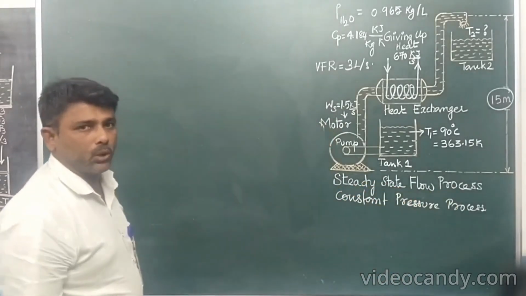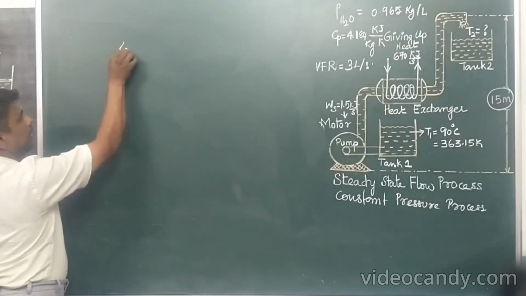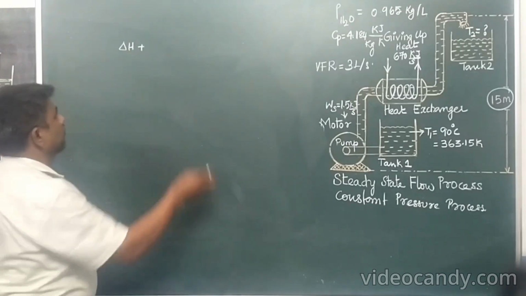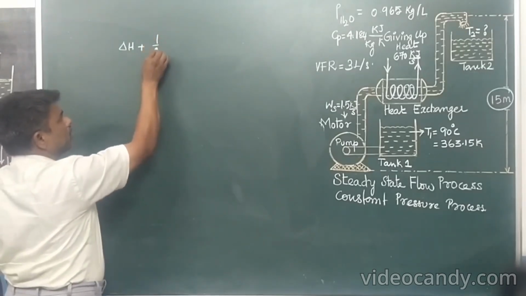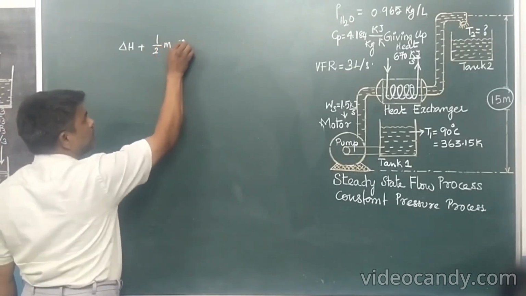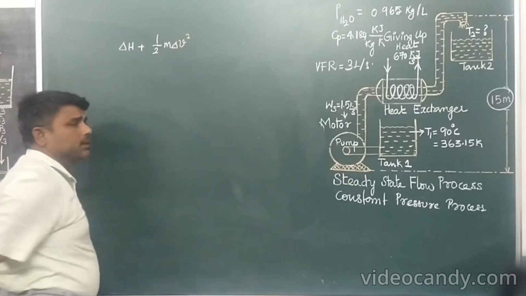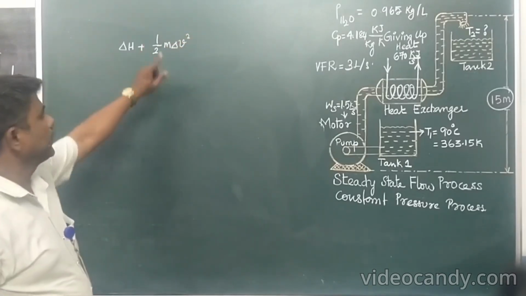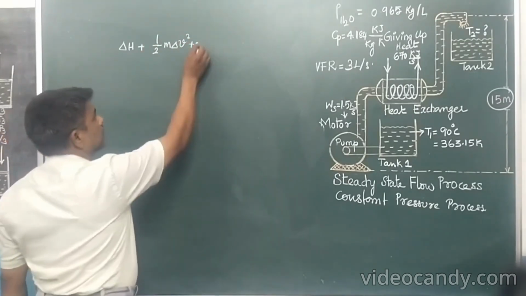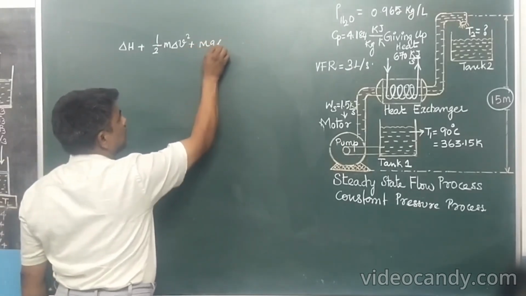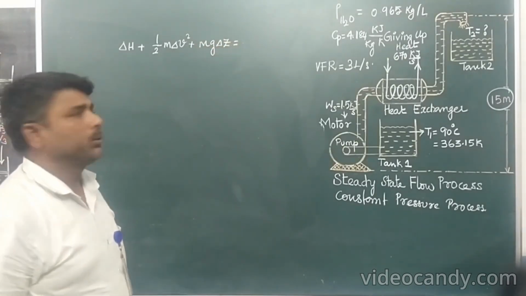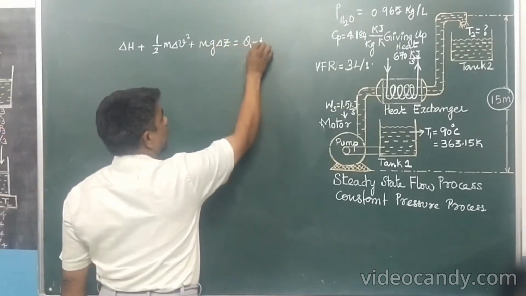For this case, the total energy balance equation is: del H, the total change in enthalpy, plus the contribution by kinetic energy, half m del v square, plus the potential energy change, m g del z, is equal to the heat and work interaction during the process, Q minus Ws.